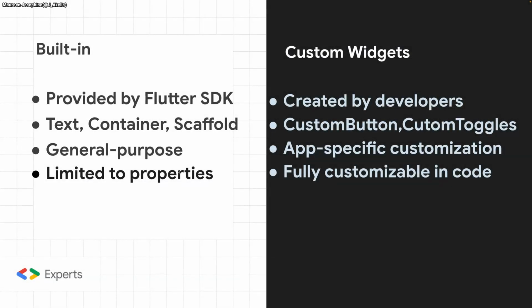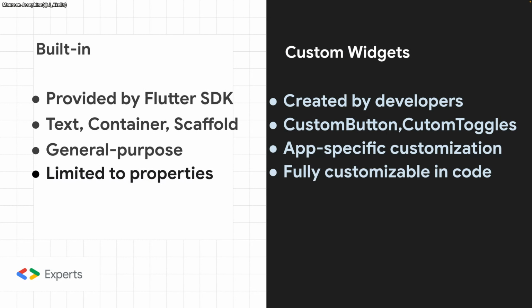So what's the difference between built-in and custom widgets? The built-in widgets are mostly provided by the Flutter SDK, for example text, containers, and scaffolds. They are mostly general purpose widgets, and they're limited to their properties.